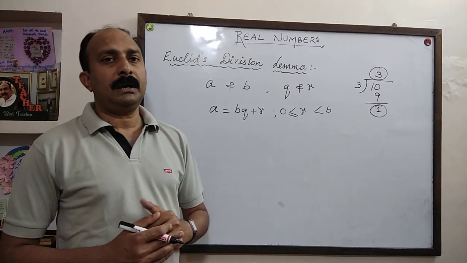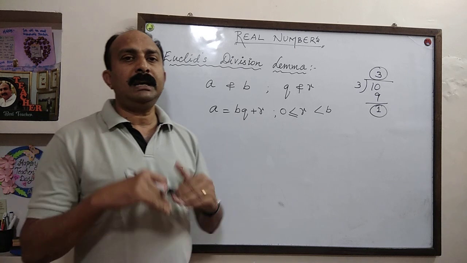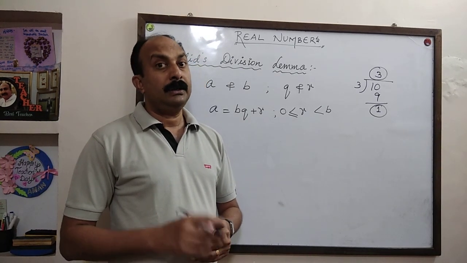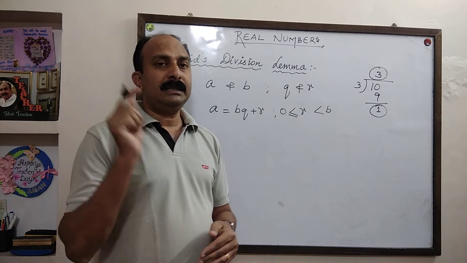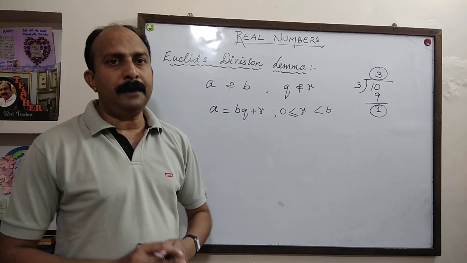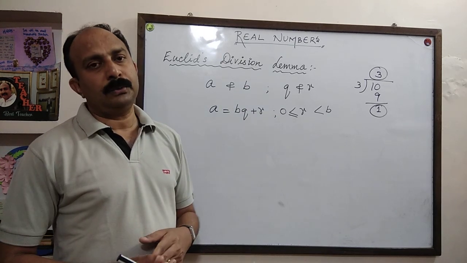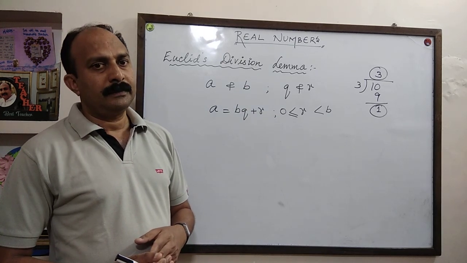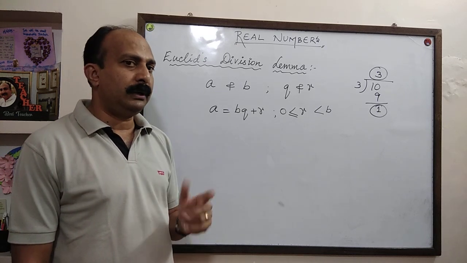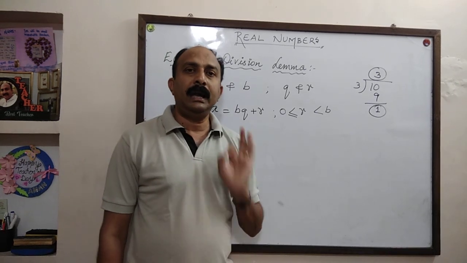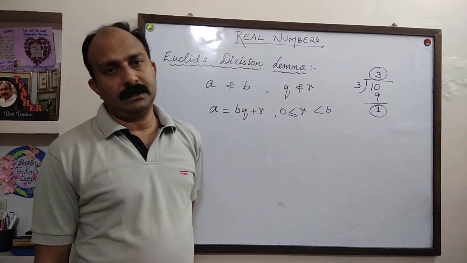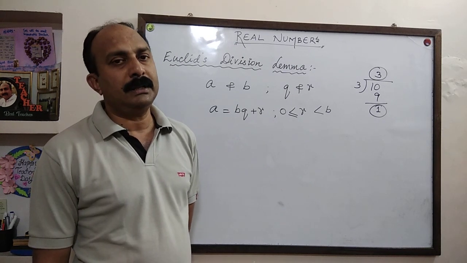Euclid's division lemma can be used to find the HCF of two or more numbers. I am telling you, this is already done by you in smaller classes, but not under this name, but the method is known to you. Whenever you have to find the HCF of two numbers or more than two numbers, there are two methods, and one method is known as the long division method.